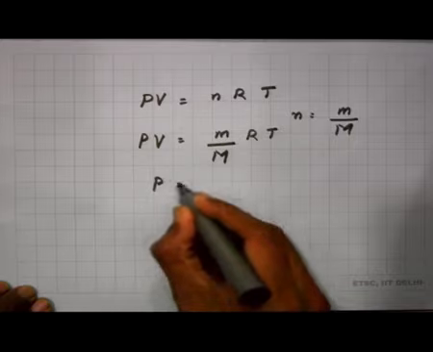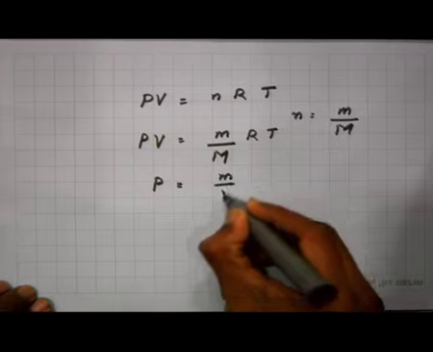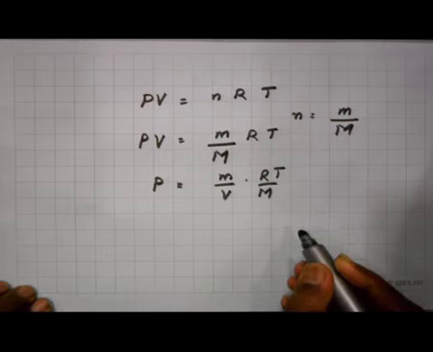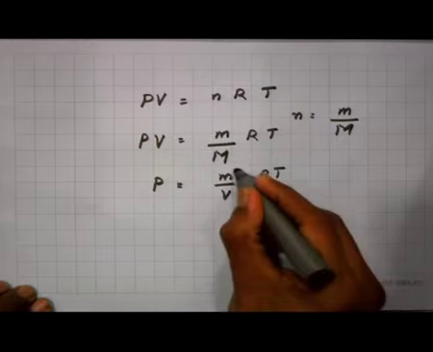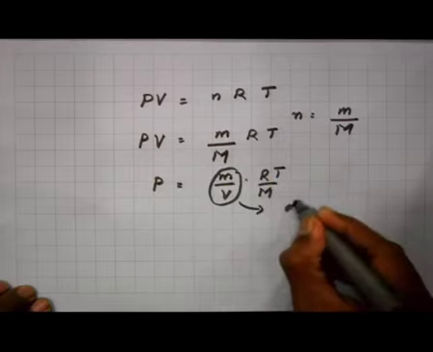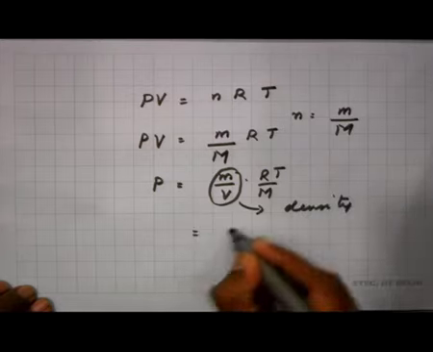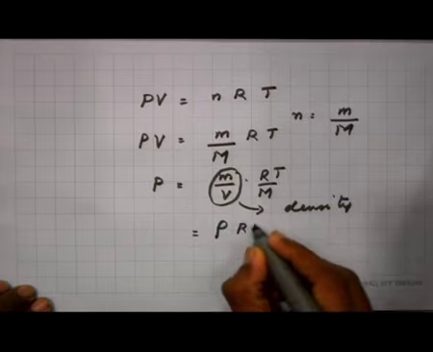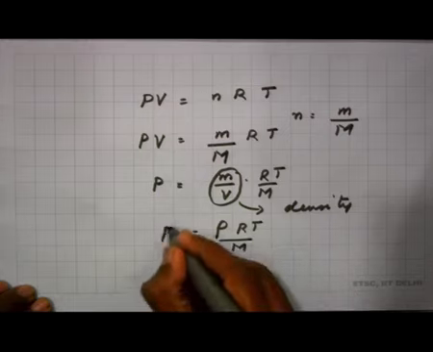And if we rewrite this once again, we say P equals m by V into RT by M, and that should look familiar. This quantity here, mass by volume, is nothing but the density. So, I write it as rho, you might write it as d, P equals rho RT by M.